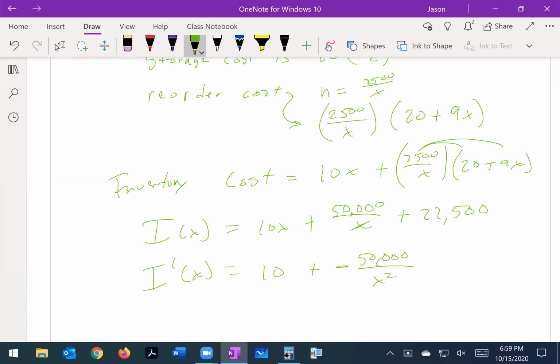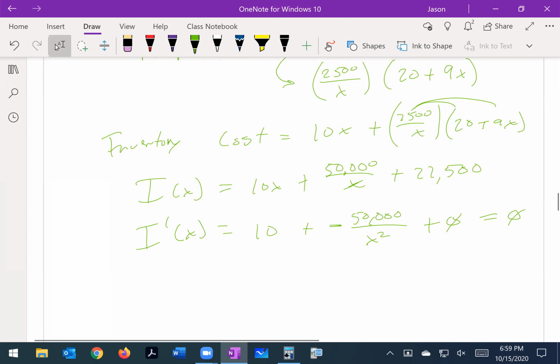I just put the 50,000 in front because it's a coefficient. Plus 0. That's my derivative. Now I'm going to set this equal to 0 and solve: 10 minus 50,000 over x squared equals 0.